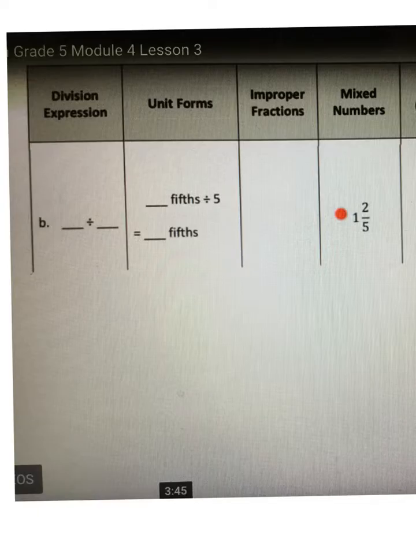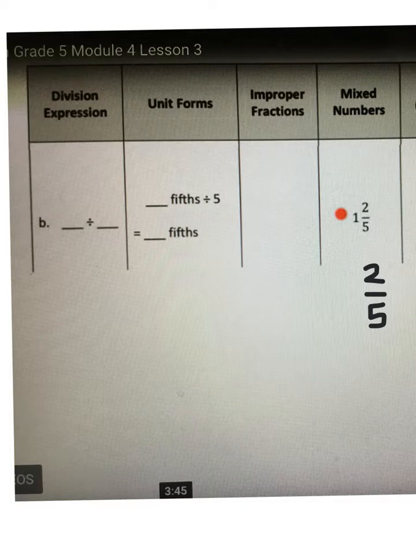Okay, in the book, it gives us this problem. It gives us a mixed number, 1 and 2/5. So how do we do this one? We just work it backwards. So we put 2/5. Okay, and what is going to be a whole?